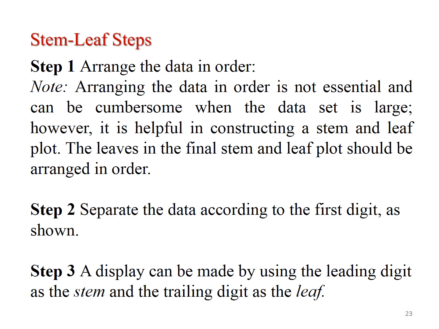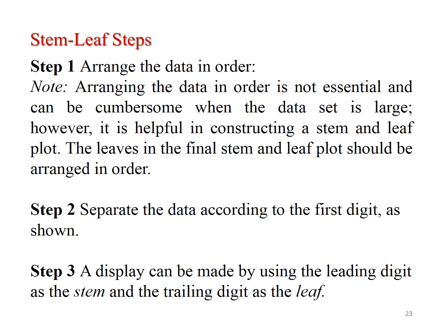Arranging the data in order is not essential and can be cumbersome when the data set is large. However, it is helpful in constructing a stem and leaf plot. The leaves in the final stem and leaf plot should be arranged in order. Step 2. Separate the data according to first digit as zone. In this case, the first digit as 100 is 1.